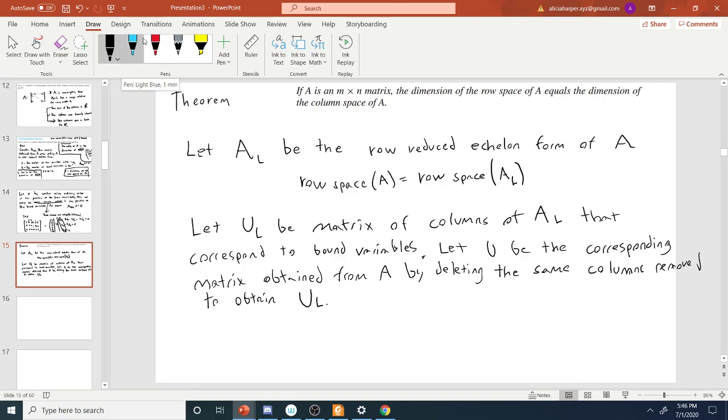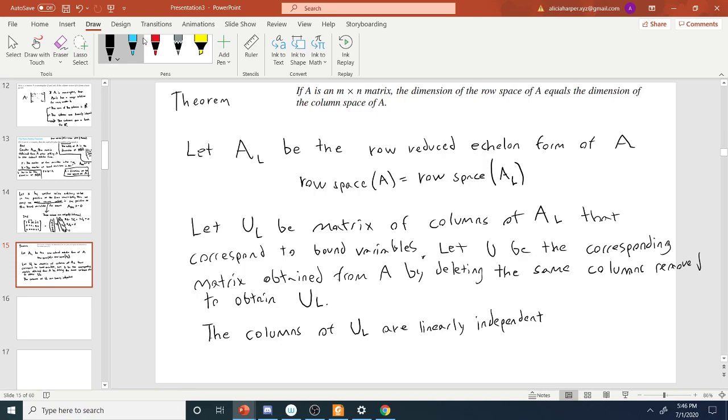So, the columns of UL are linearly independent because they all have a leading 1 in their own separate rows.